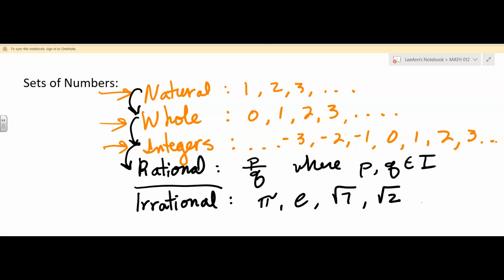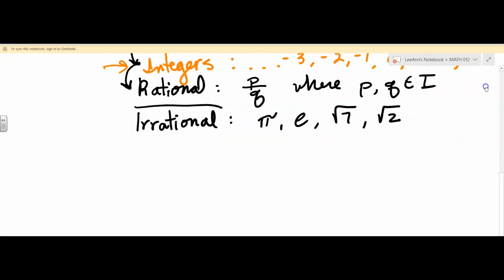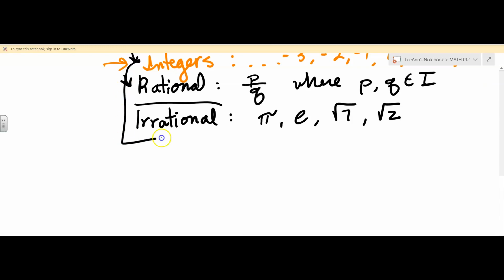So you can put them in the form of a decimal, but they go on and they don't repeat. That's kind of my definition. Now, either you're a rational number or you're an irrational number. You can't be in both sets. You're one or the other. But if you take all the rational numbers and all the irrational numbers, you get the set of real numbers.